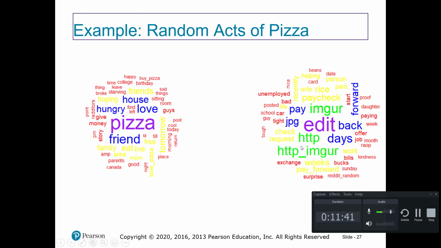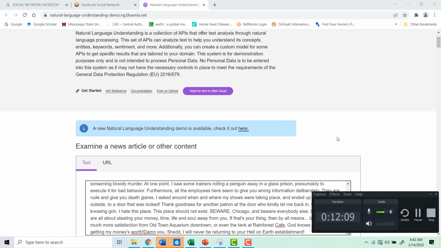More likely to be awarded a pizza, I guess, are requests where you give an image of yourself or some sort of detail. Things like pay forward, where you say you give me a pizza and I'll give someone else a pizza, are more likely to get you the pizza. So this was a very simple example. It's not a brilliant example of a word cloud. We're just looking at the different major words used by people who got pizza and people who didn't.